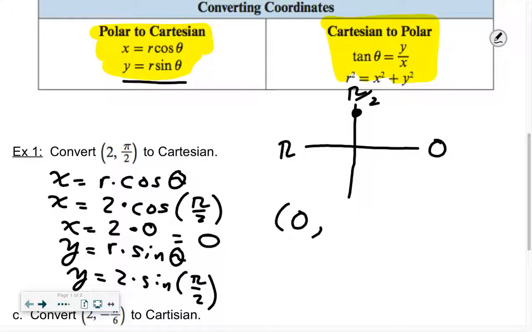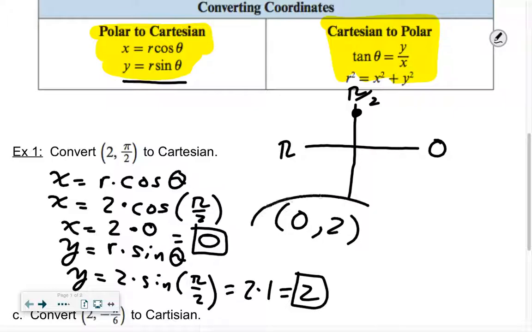Again, your calculator would tell you the same thing. 2 times 1, there's 2. So we found the x to be 0, the y to be 2. There's our ordered pair. If we walk 2 miles or 2 units in the direction of pi over 2, it'll give us to the location (0, 2).